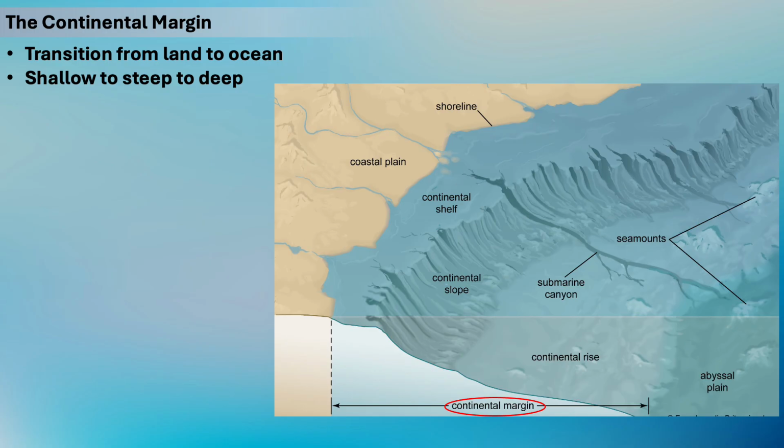The continental margin represents the submerged outer edge of a continent, and it includes the continental shelf, the continental slope, as well as the continental rise. Together, these features form a gradual transition from shallow coastal waters to the deep ocean floor.